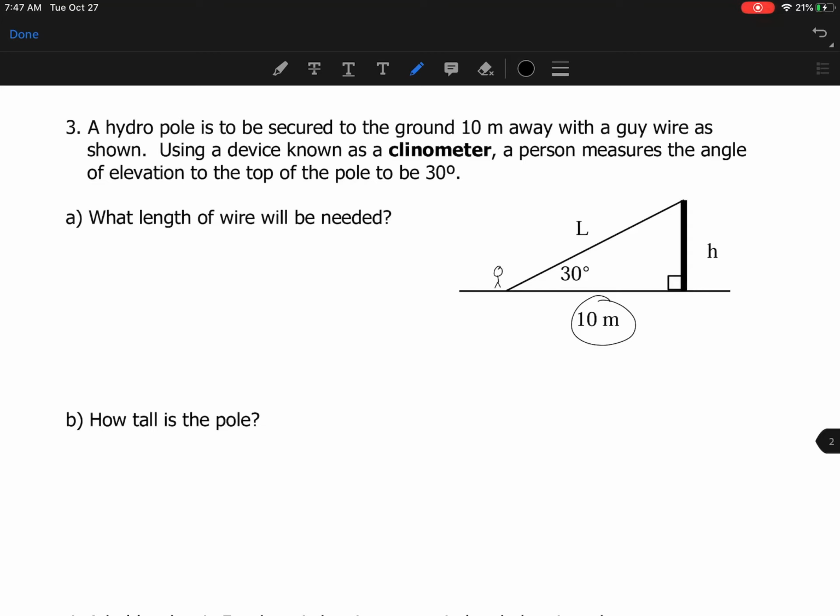So we can see there's a person right here standing with a wire to the top. And what we're trying to figure out is, what is the length of the wire needed to connect from the ground to the top of this pole? All right, how long is this wire going to need to be?